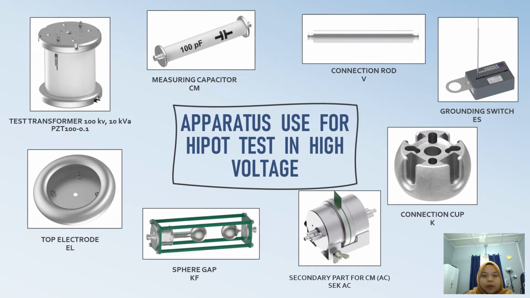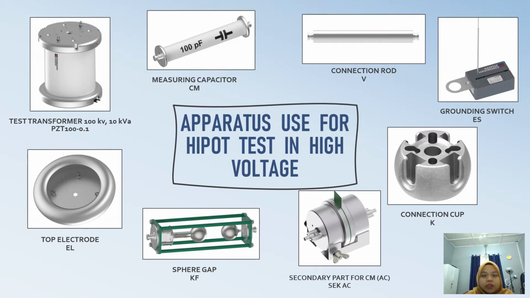So, the apparatus being used in the hipot test are the test transformer 100 kV with power 10 kVA type PZT 100-0.1.